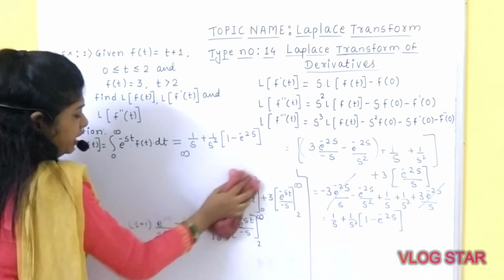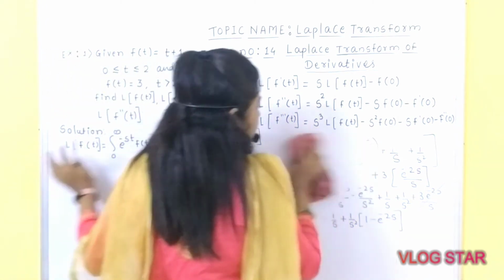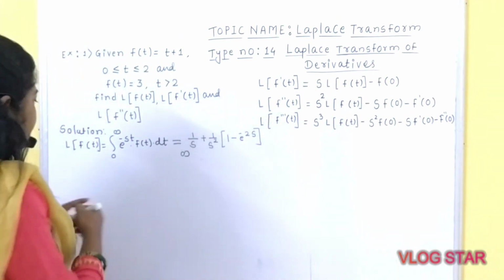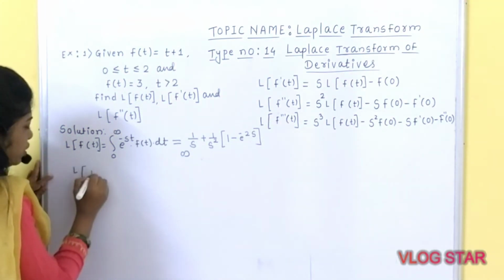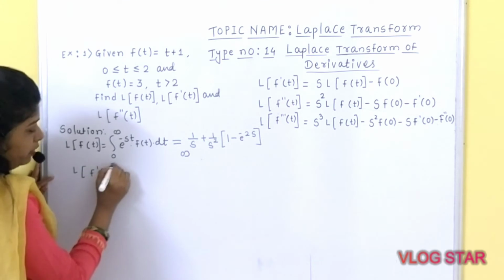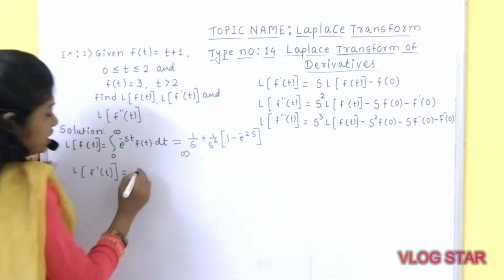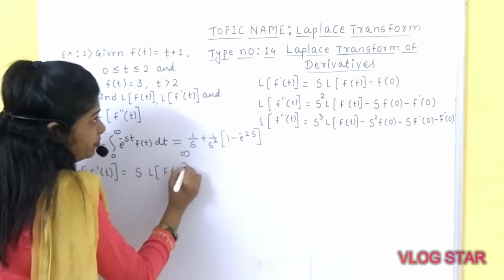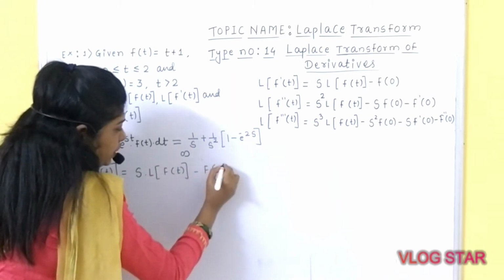So let's begin with the second part. Laplace of f dash of t, which is equal to s into Laplace of f of t minus f of 0.